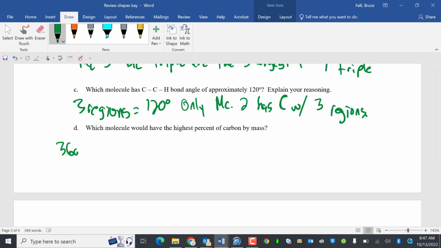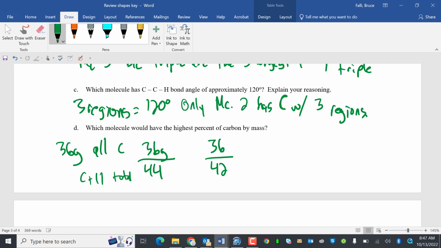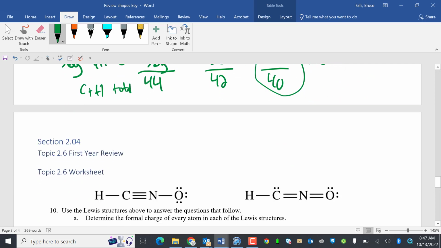So then I'll have 36 grams over 44 is molecule 1. 36 grams over 42 is molecule 2. This is carbon, and this is total. This is C plus H total. And this is 36 over 40. So if I really wanted to pretend I didn't have a calculator, molecule 3 would have the highest percentage carbon by mass because it has the greatest amount there.